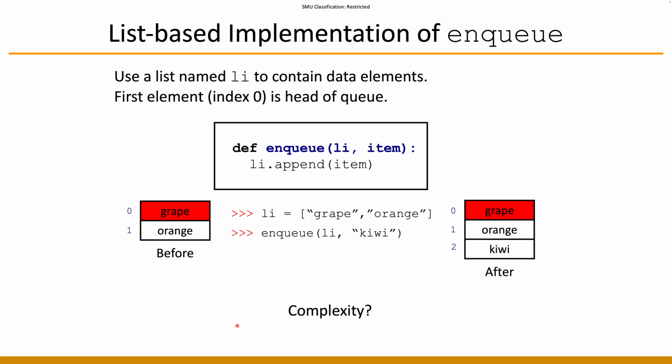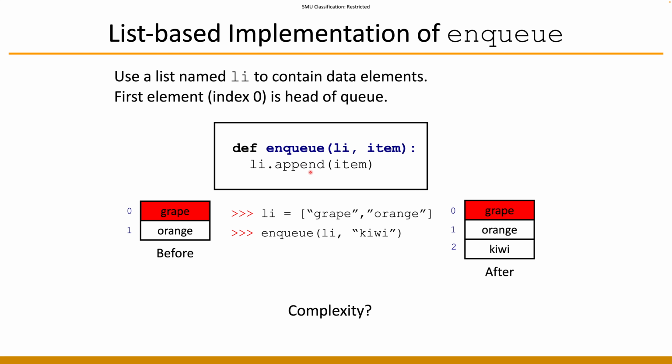For the enqueue operation, we are going to append items one by one, right? This is based on the assumption that the first element is the head of the queue, while the last element will be the tail of the queue, right? So the append operation is actually perfect for this enqueue operation, right?